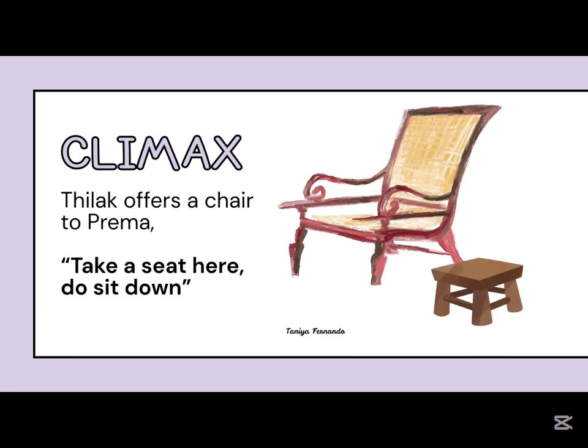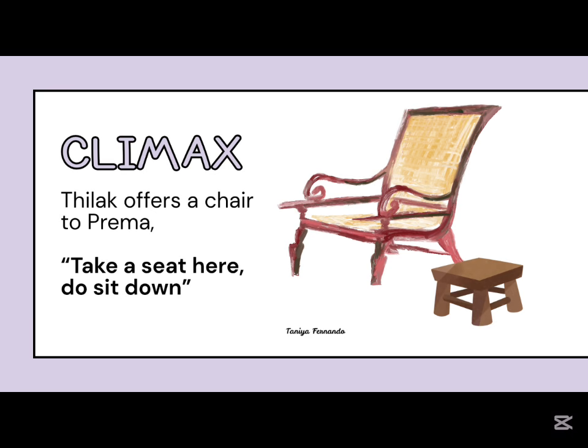So even though Prema is an educated university student, just like Tilak, who comes from an upper caste, the servant uses furniture to try and keep her in her place. Even though she is educated, she still belongs to that Dobi caste, the lower caste in her society.